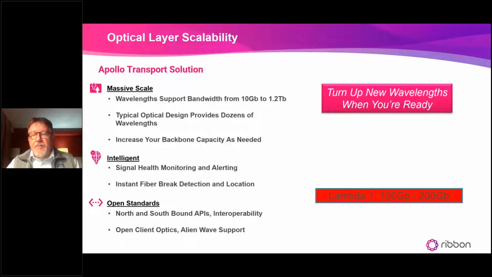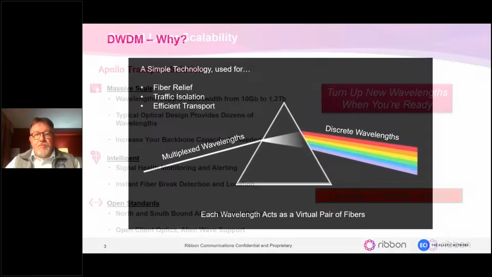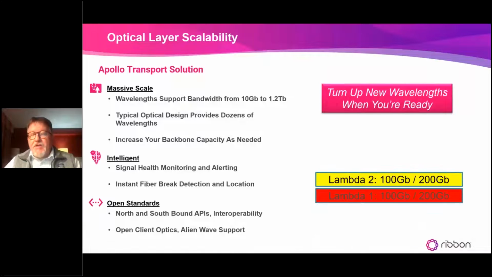So like my old diagram here, my first lambda, which is just the Greek letter that represents wavelength, okay? So my first channel, or lambda, might be running at 100 gig or 200 gig, right? When I'm ready, I can just pop another wavelength on, right?